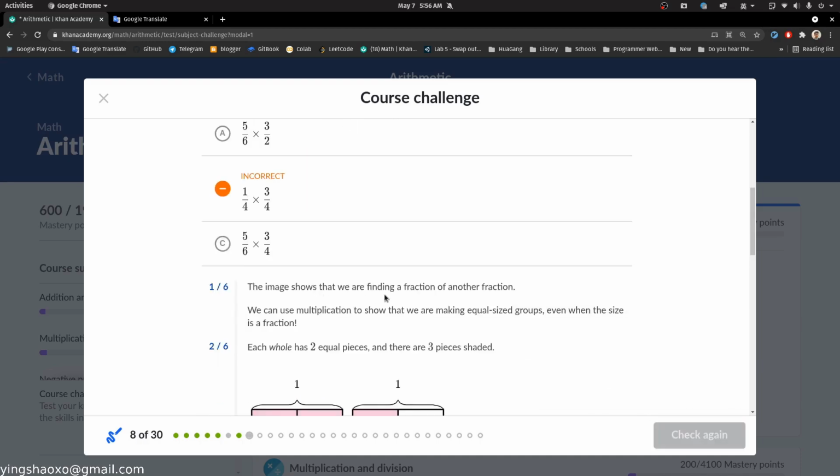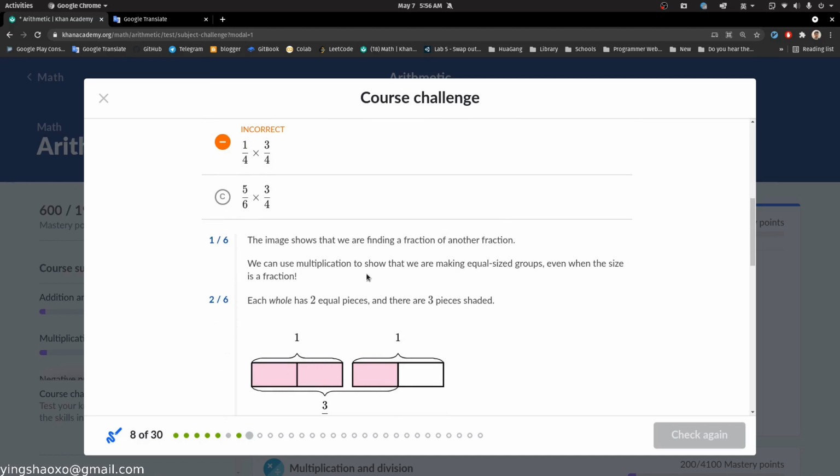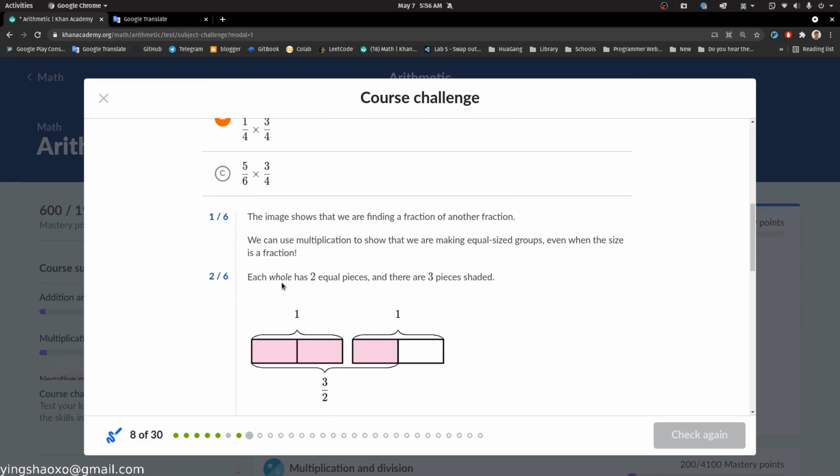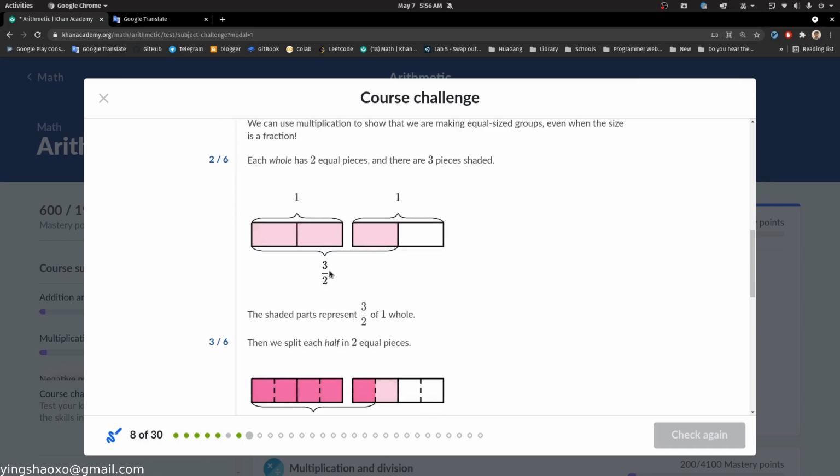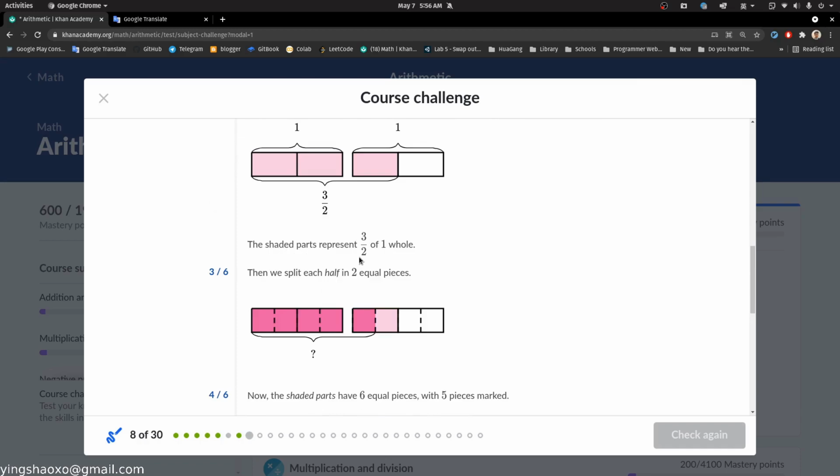This image shows we are finding a fraction of another fraction. We can use multiplication to show that we are making equal-sized groups even when the size is a fraction. Each whole has 2 equal pieces, and there are 3 pieces shaded. So 3 over 2. The shaded part represents 3 over 2 for one whole.